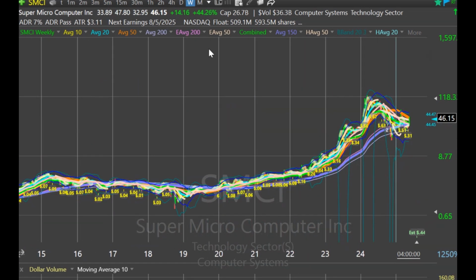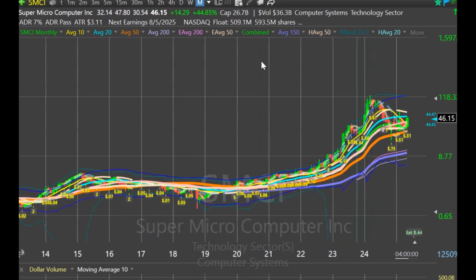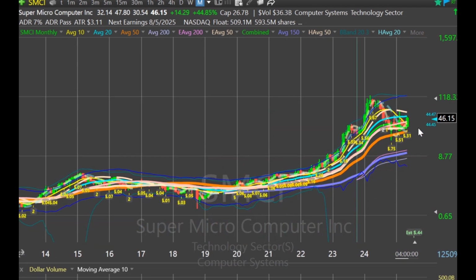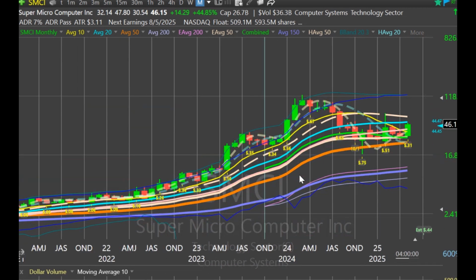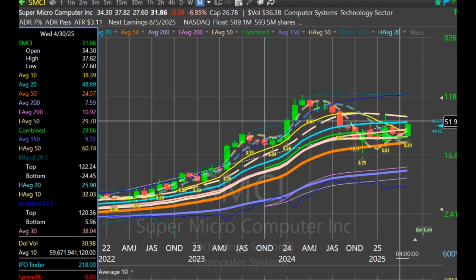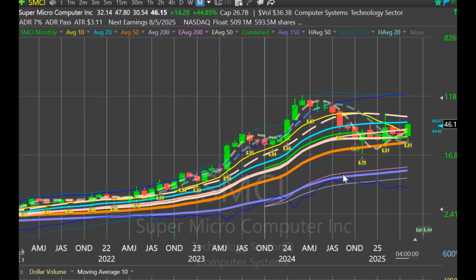And again, if we look at the monthlies, this could be just the first of one major leg over the next couple of years. Super Micro could just go up to another 100,000% kind of stock in the long run. Mind you, it's already up 1,000%, so you'd have to go to like $400 before it got to that point. But good job if you bought over here.